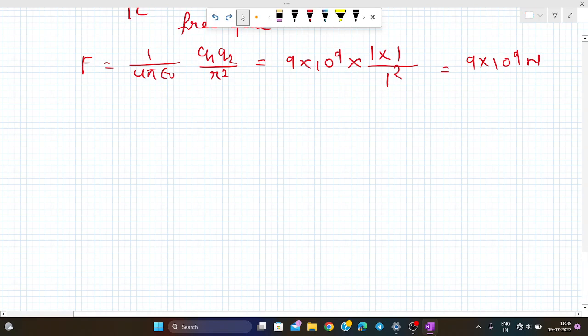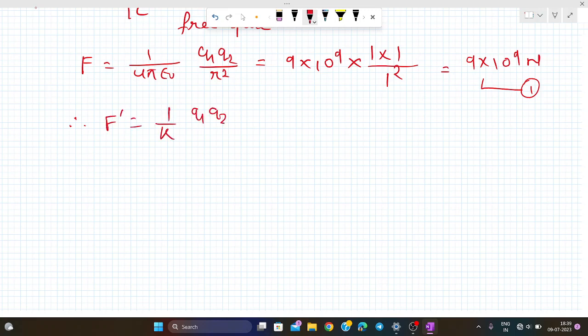So let's start with our calculation where we were. F is equal to 9 into 10 to the power 9 Newton. Give it equation number 1. Let us calculate the force between the same two charges under similar conditions in the CGS system. It will be F dash is equal to 1 by K Q1 Q2 divided by R square.